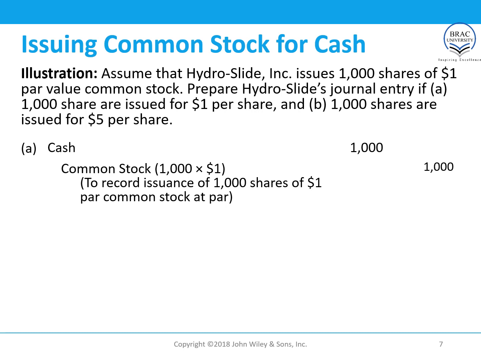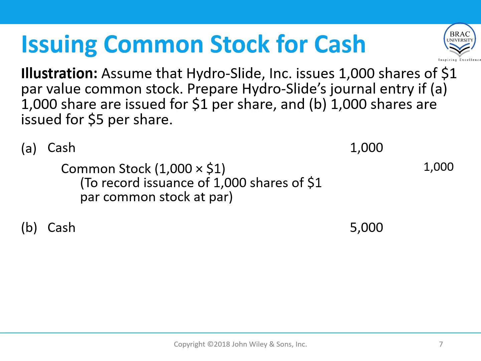Next, it is said that the 1,000 shares are issued for $5 per share. However, it is also mentioned that the par value of the stock is $1. So what should be the entry here?